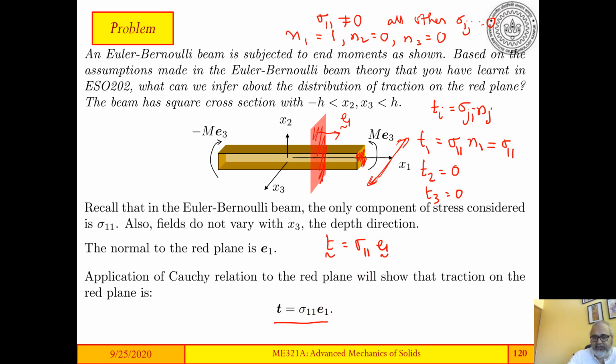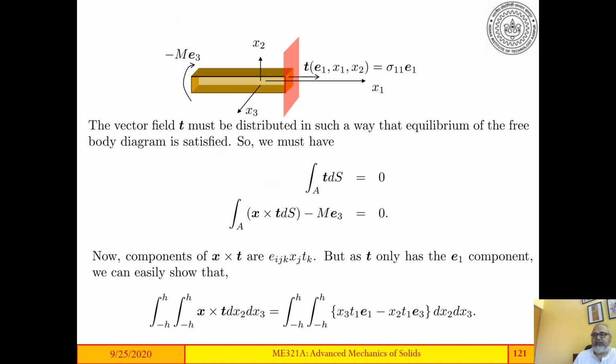Now let us cut the beam at that plane, and so we have this kind of a situation. We have these moments applied on this end. These are the external moments, and then we have internal forces, which is this traction T, due to the part that we have cut off.